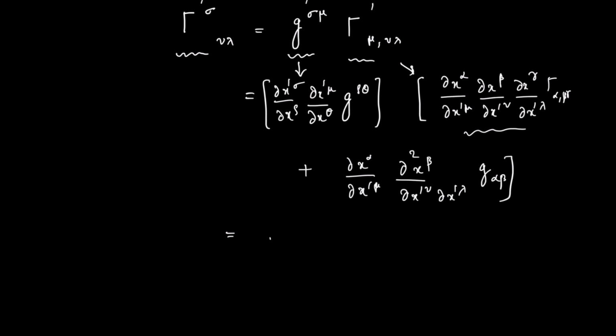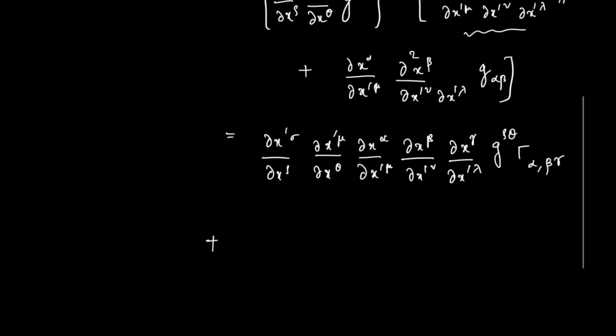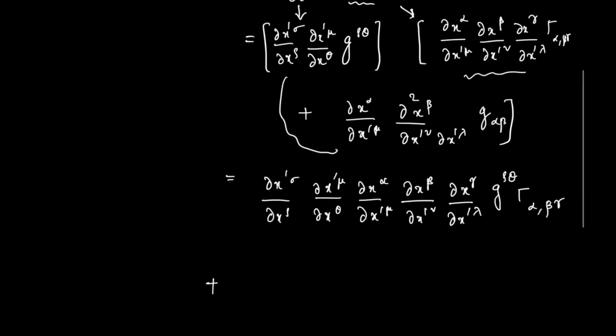So I'll write partial derivative of x prime sigma with respect to x rho, x prime mu with respect to x theta, x alpha with respect to x prime mu, then x beta with respect to x prime nu, x gamma with respect to x prime lambda, g rho theta, and Christoffel symbol alpha beta gamma, plus now again I have to multiply with the second term.